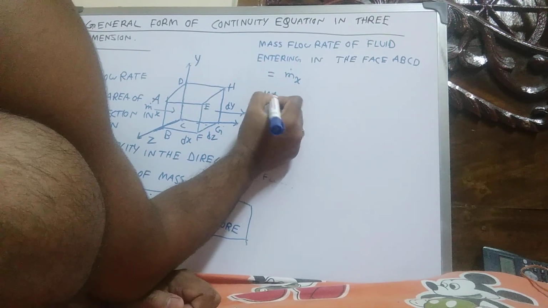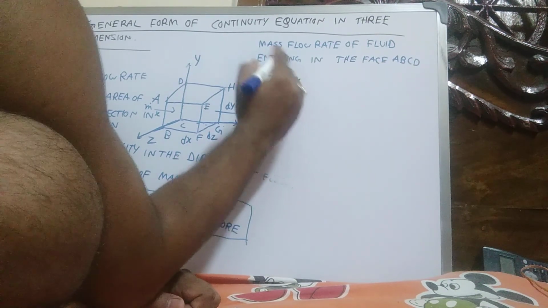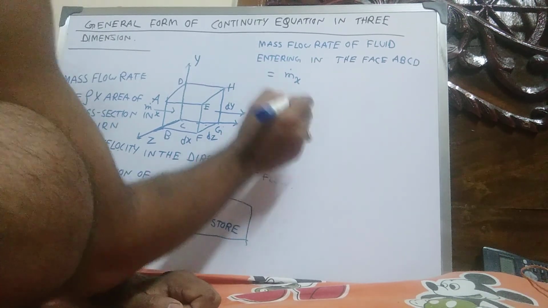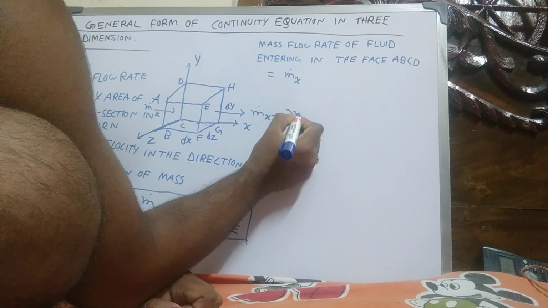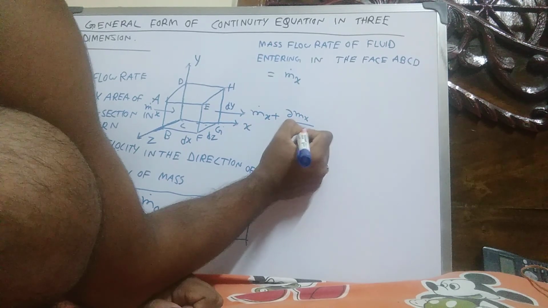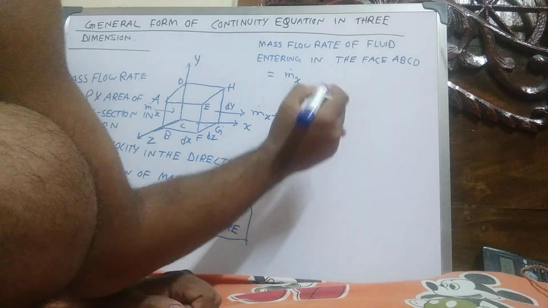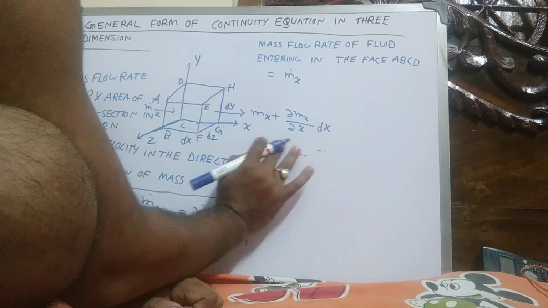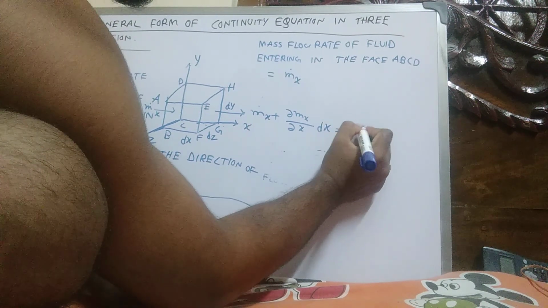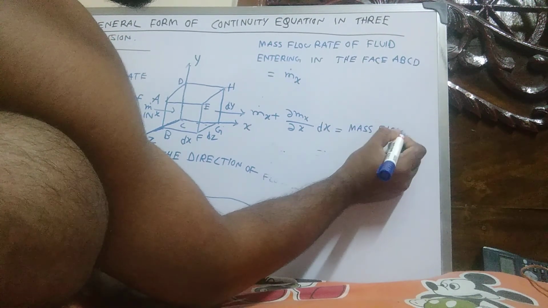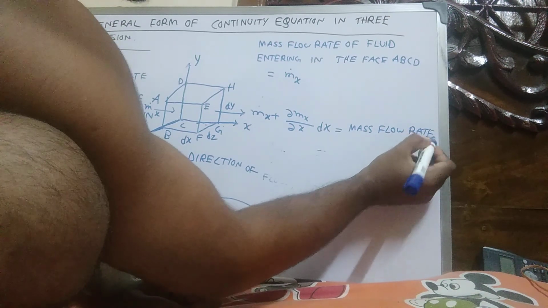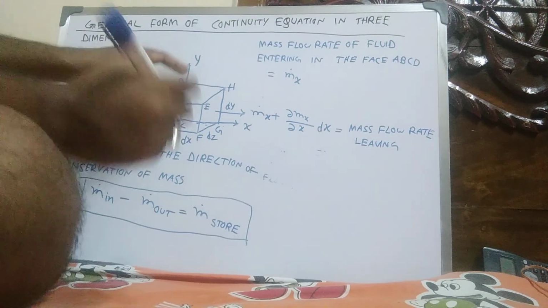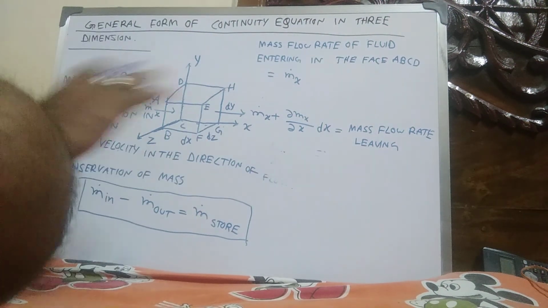And the mass flow rate leaving equals m x plus, from the Taylor series equation, d m x by dx into dx. This is the mass flow rate of fluid leaving the face EFGH. Understand?